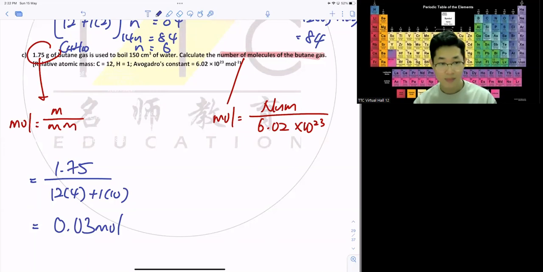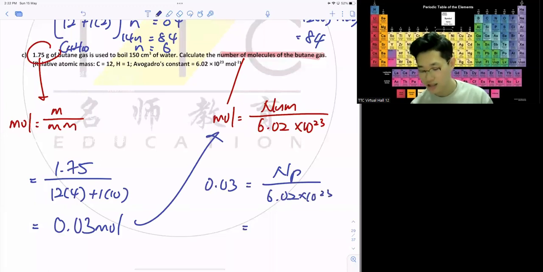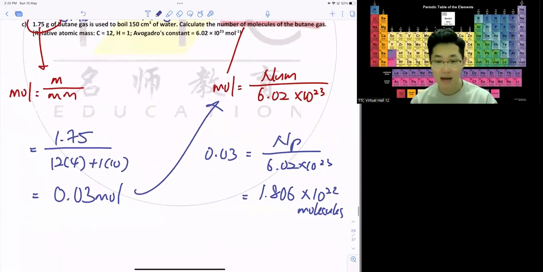Am I right? Sub the mole in to get 1.806 times 10 to the power of 22 molecules.